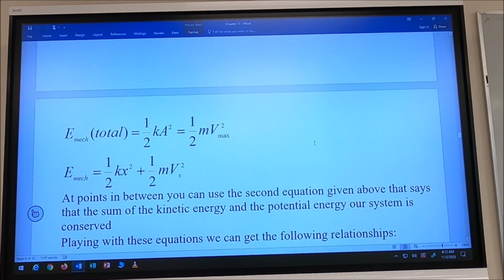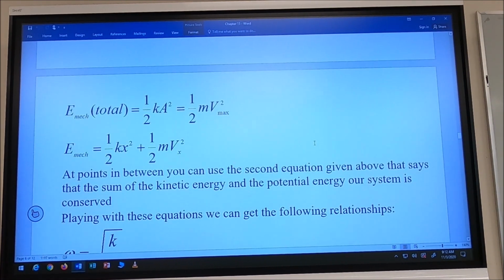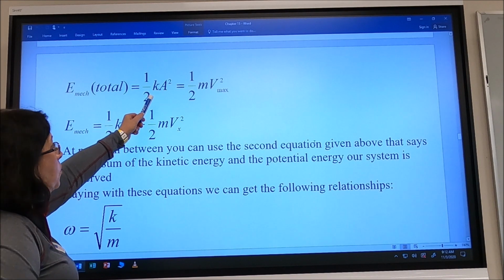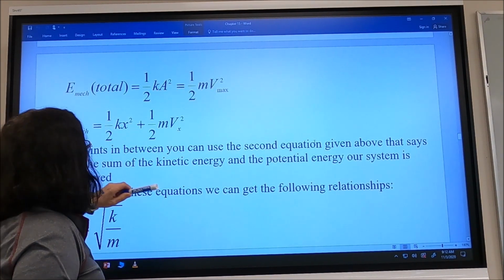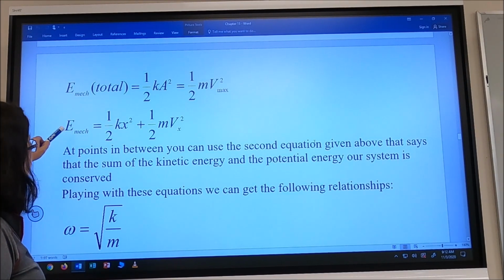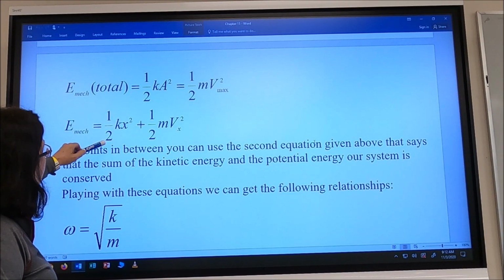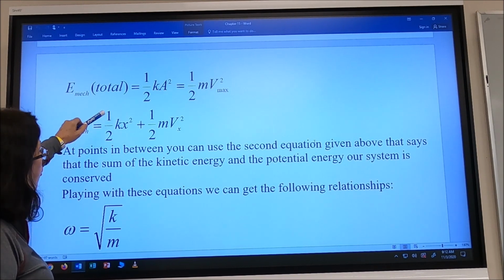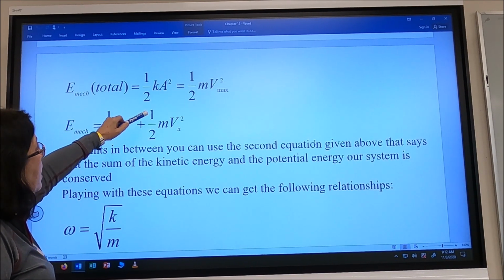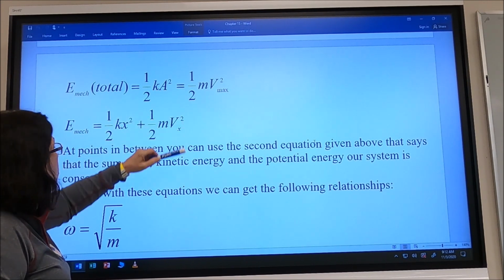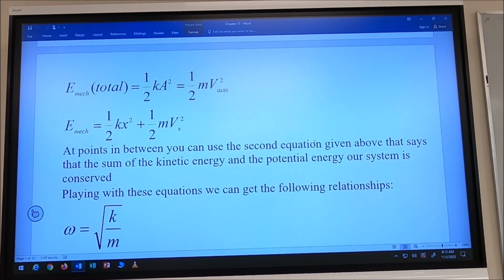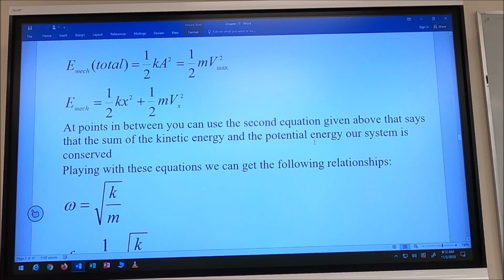We can say that the total mechanical energy is equal to 1/2 k, the spring constant, A squared, or 1/2 m v max squared, or in between, I can say that the mechanical energy is the sum of the spring potential energy, 1/2 k x squared, and the kinetic energy, 1/2 m v x squared. So if we play with these equations a little bit, we can get some relationships.